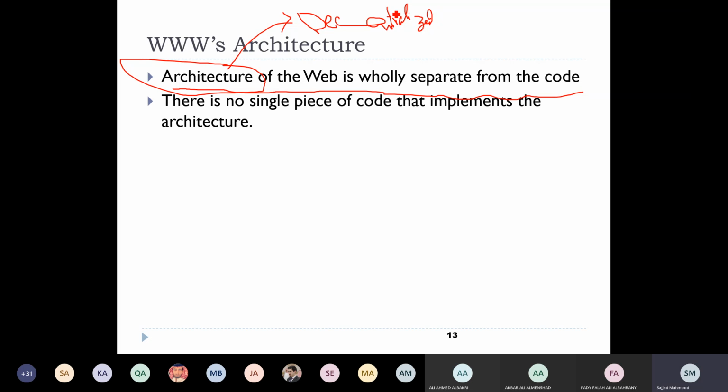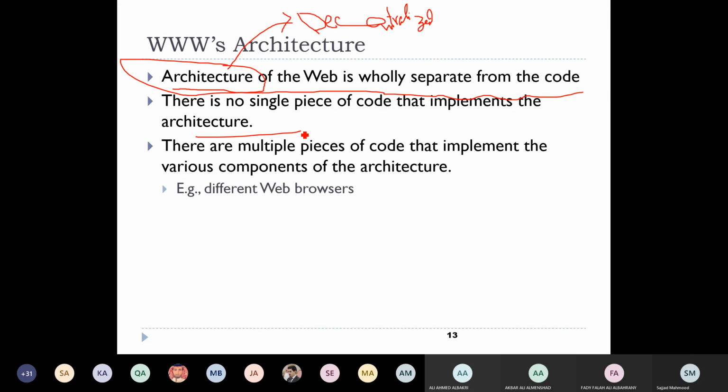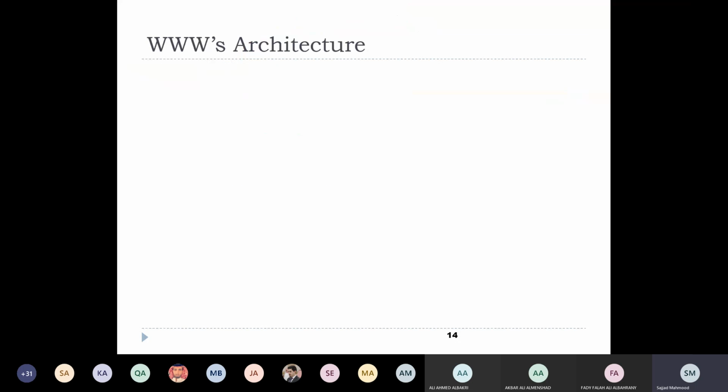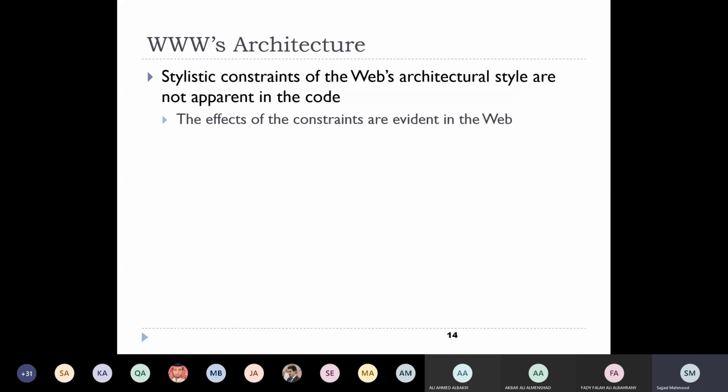So there is no such thing as one single piece of code which implements this architecture. There's no such thing at all. You have different browsers, different pieces of code which implement these browsers, and you can write your own pages and so on.